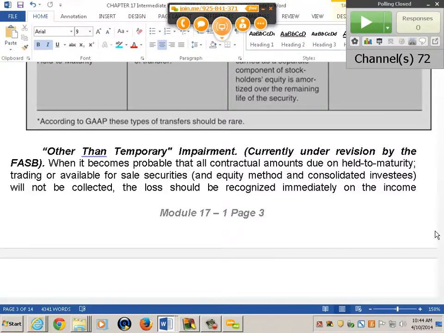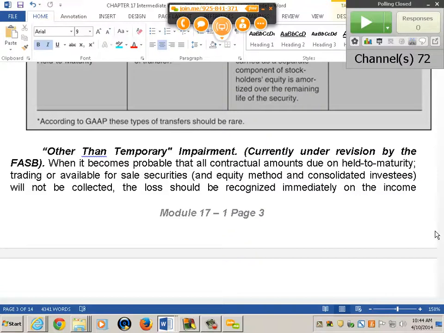What do you do if it's available for sale? The loss has to go through net income. So that if there is a decline that is other than temporary in the security, I don't care whether you call it trading, available for sale, or held to maturity, that loss flows through net income. And that loss is not going to go through an allowance account. That loss is going to hit the investment directly.